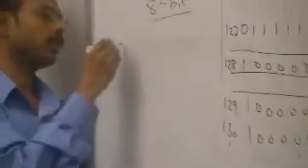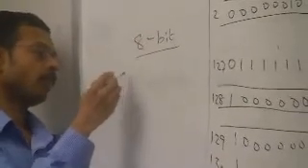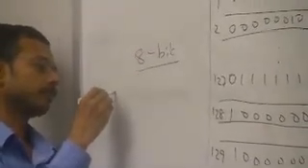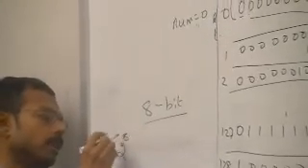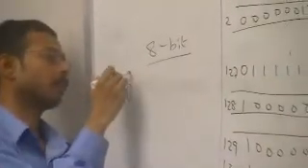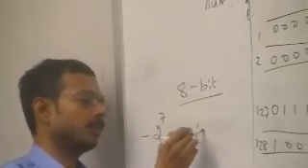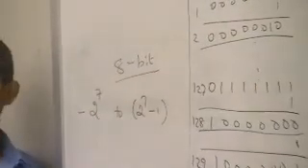If it's an 8-bit quantity, in this case, the range is going to be from negative 2 to the 7 to 2 to the 7 minus 1.